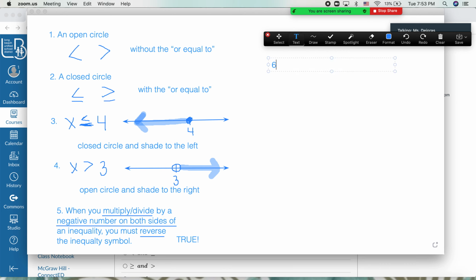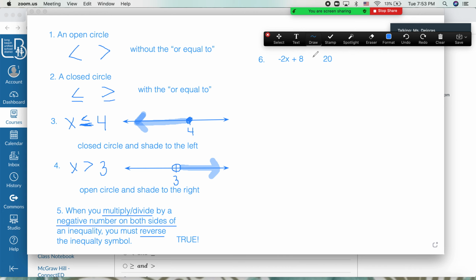So for problem number 6, problem number 6 tells us negative 2x plus 8. Let me leave some room for my inequality symbol.